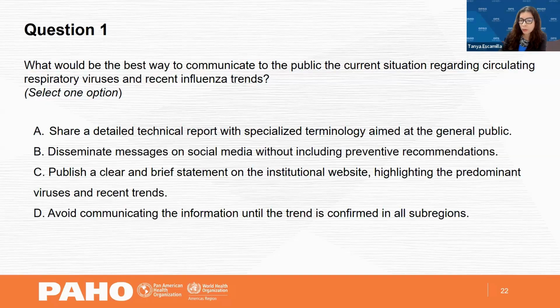We need to communicate a clear notice that could be brief in social media, but pointing out the trends. We need to publish a clear and brief message on a website, avoiding communicating the information on a trend on subregions, basically.